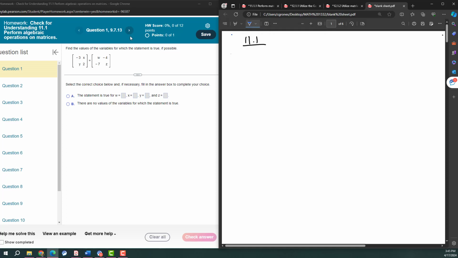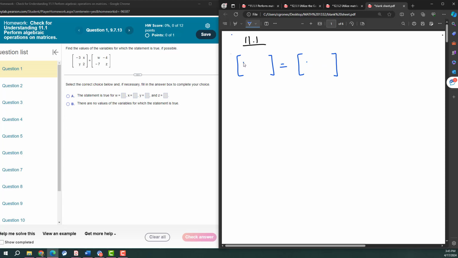It says to find the values of the variables for which the statement is true, if possible. So it gives us 2 matrices, and it says that these are equal. If they are equal, they have to be the same dimension, which they are, both a 2 by 2. And also each of the pieces in the same position must match.